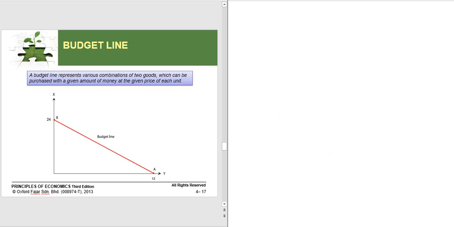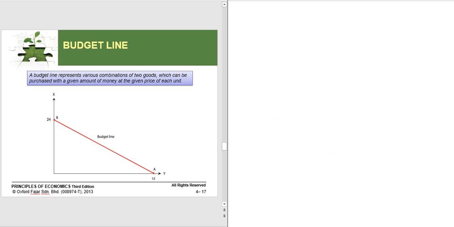Just now I explained the indifference curve, which shows the level of satisfaction that a consumer will get after consuming a certain product. So now we are going to look at how the consumer can maximize the income or use the budget that the consumer has in order to consume two different types of products.